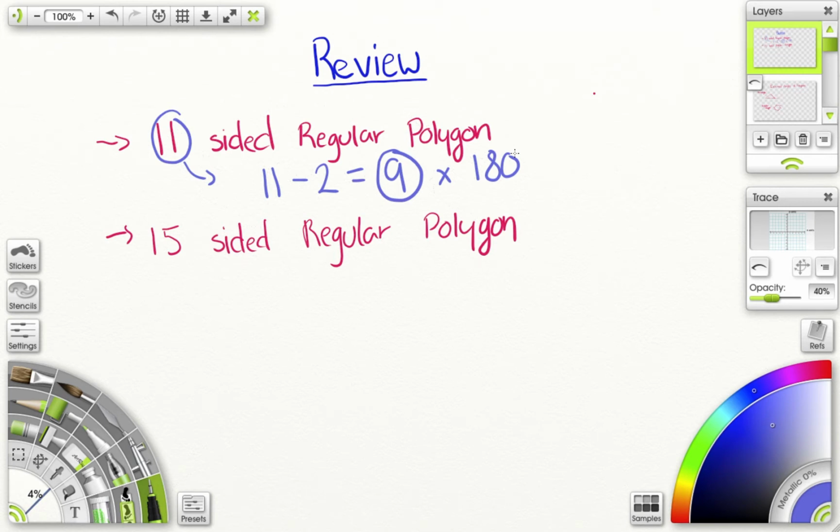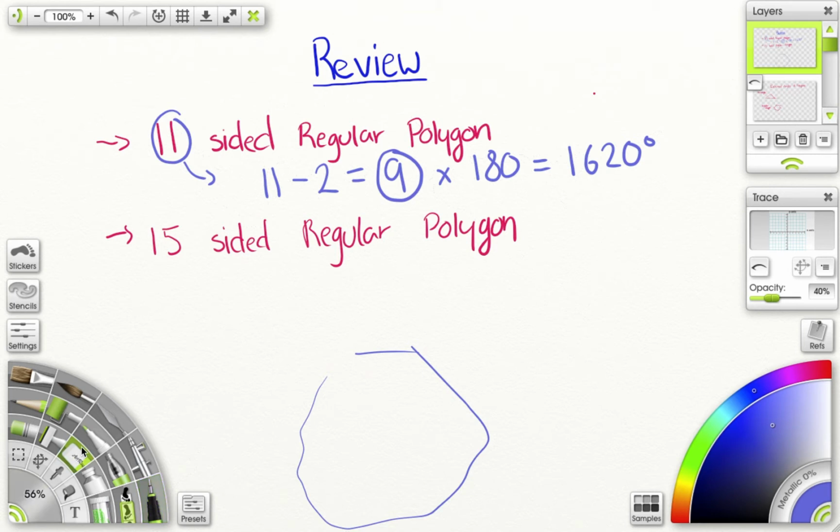So 9 times 180 gives me 1620. So the total internal angles of this shape is 1620 degrees. So if I had an 11-sided shape that was regular, as in all sides were the same length, all the angles would add up to 1620.